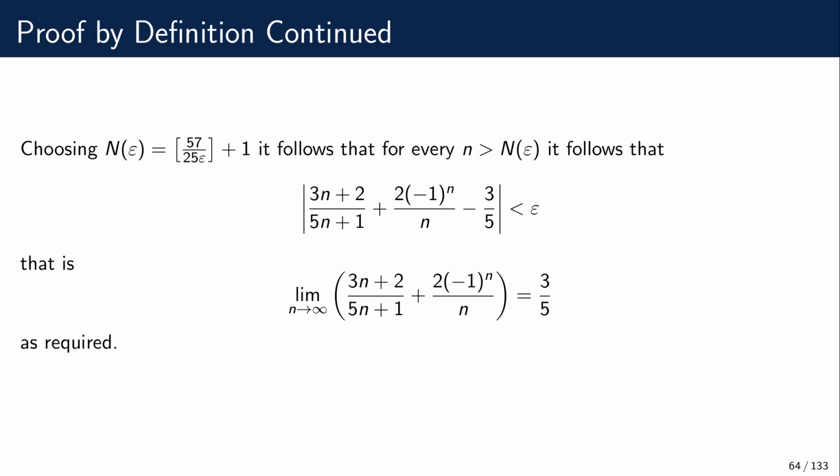And I say, sure, let me make this computation, and here's this natural number. And beyond this natural number, all the elements in the sequence will have their distance from the limit smaller than 1,000. And then you can say, okay, what about 1 millionth? And I say, sure. For 1 millionth, go here, make this computation, and beyond every number n that is bigger than this number, the distance between the sequence and the limit will be smaller than 1 millionth, and it can be done for every epsilon.